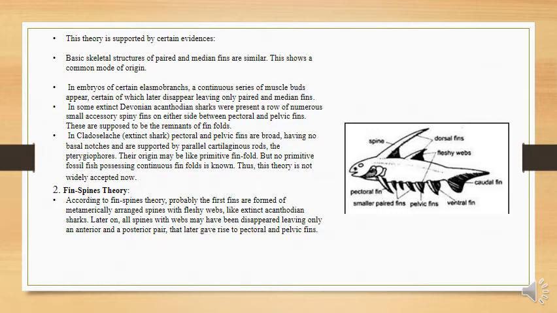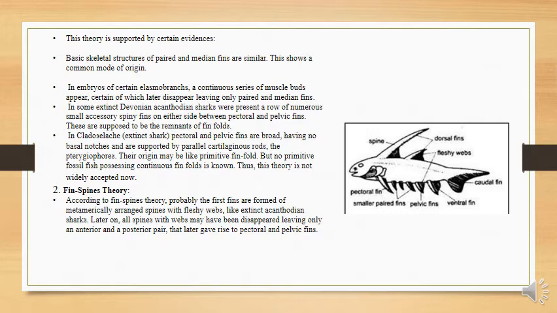In embryos of certain elasmobranchs, a continuous series of muscle buds appear, certain of which later disappear, leaving only paired and median fins. In some extinct Devonian acanthodian sharks were present a row of numerous small accessory spiny fins on either side between pectoral and pelvic fins. These are supposed to be a remnant of fin fold.